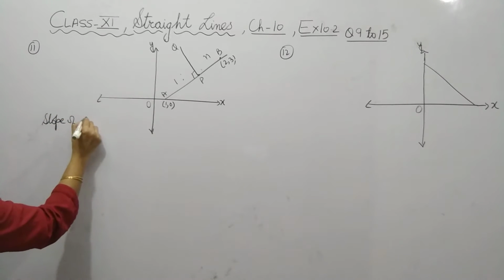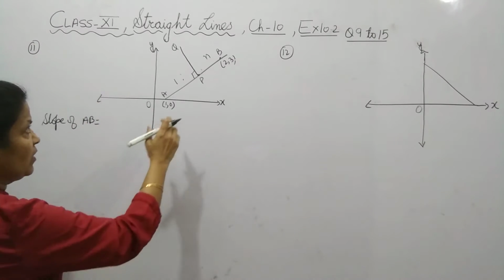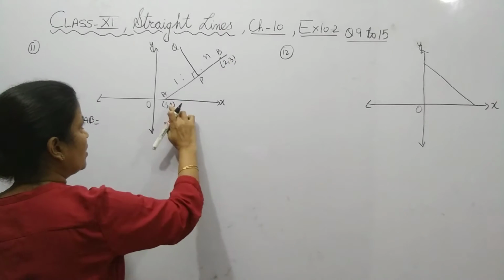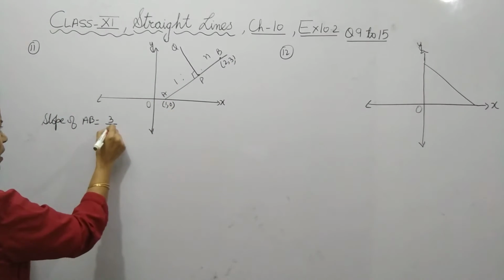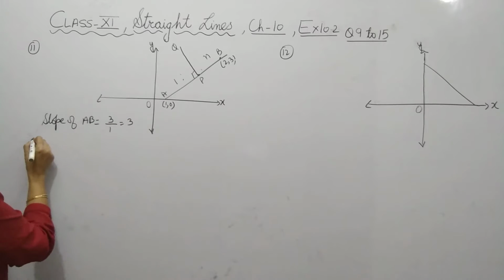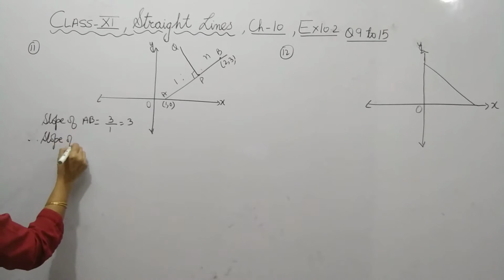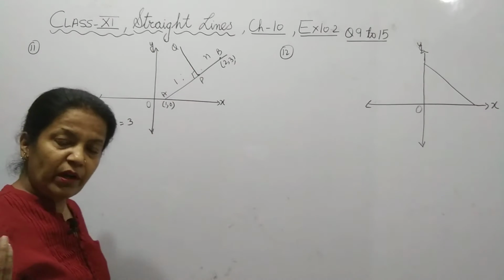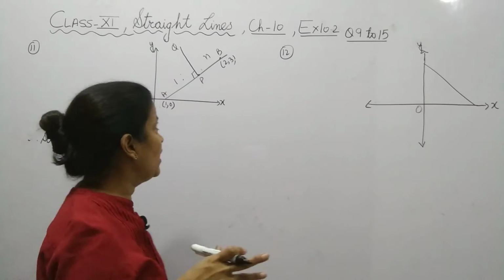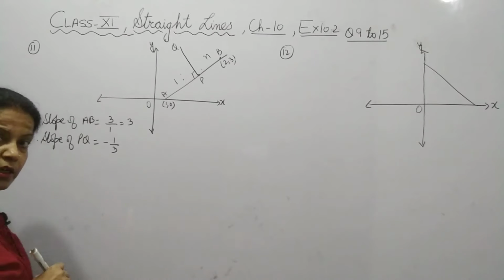First of all, we will find the slope of AB. That is y2 minus y1 upon x2 minus x1. It is coming as 3. Therefore, the slope of line PQ will be m1, and since it is perpendicular, m1 m2 equal -1, so it will come as -1/3.